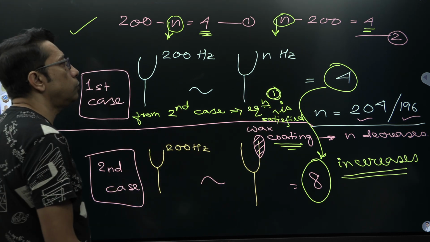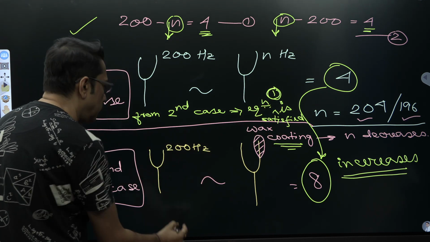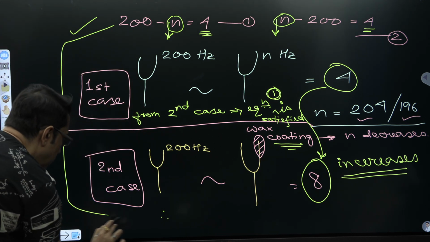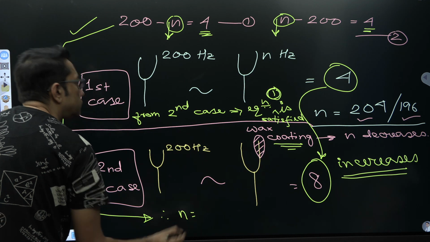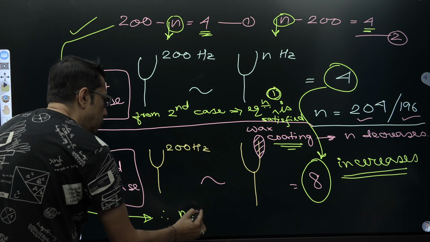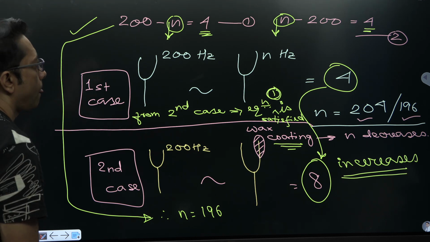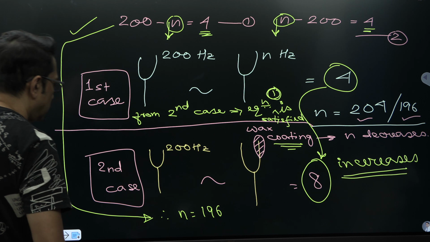Now once equation 1 is satisfied, you may write the answer: therefore, from equation 1, n equals 196. Okay, so that was it.